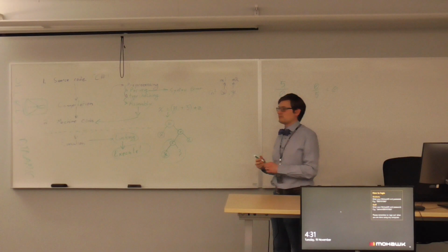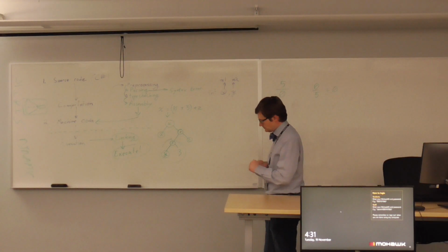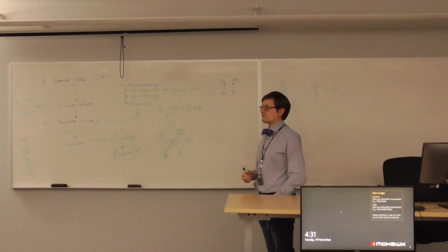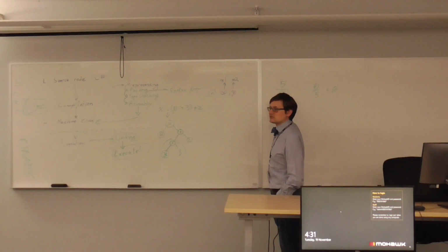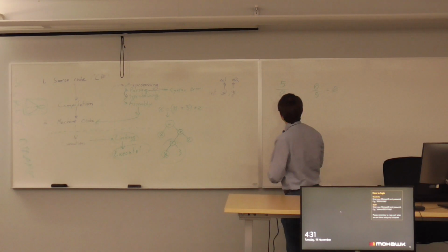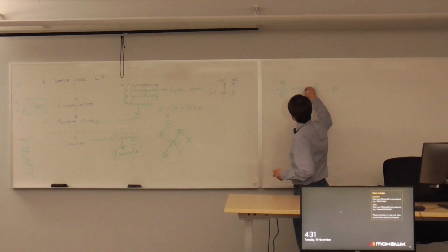So let me put it to you this way. If I have 5 apples and I am dividing them into no groups, how many apples does each group that doesn't exist get? The answer is infinity.